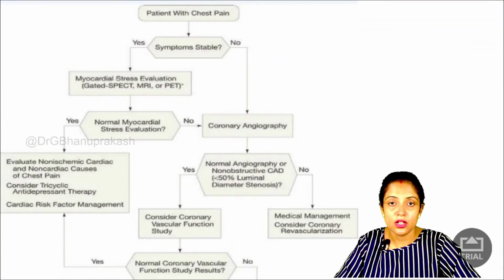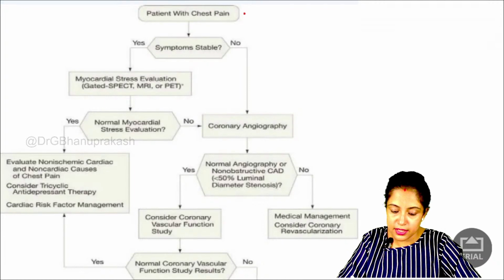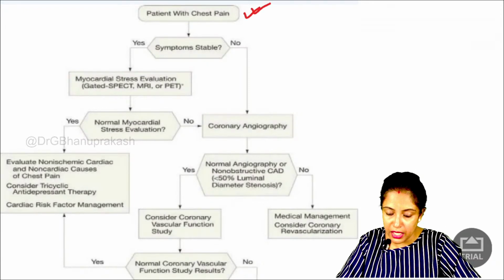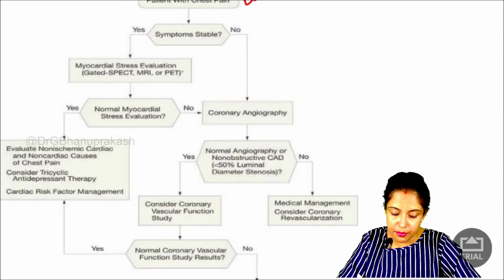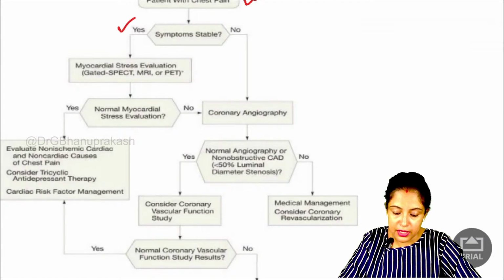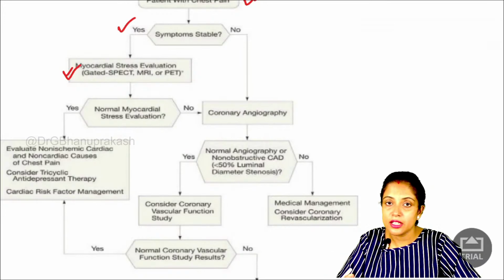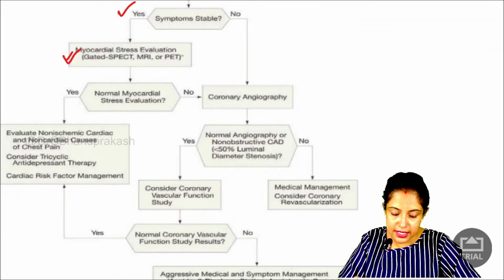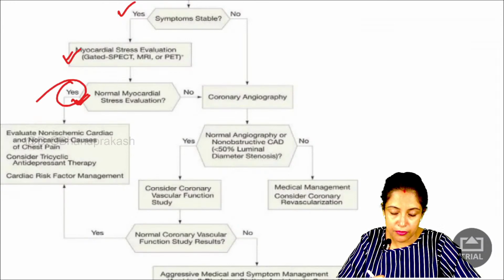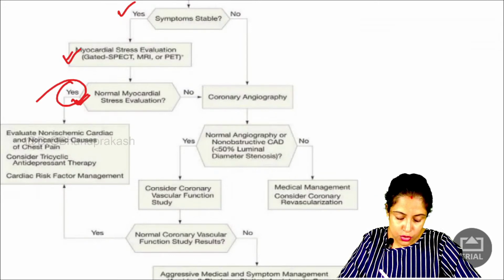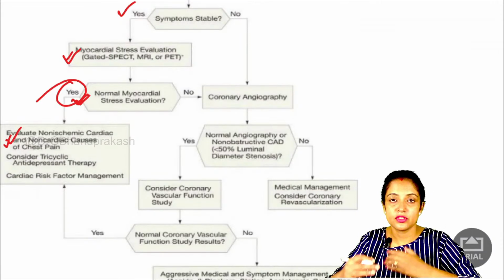If I talk about the treatment algorithm, if the patient has presented with chest pain, we need to look at the symptoms. If symptoms are stable, then we need to do stress testing. With unstable symptoms, we cannot do stress testing. If the stress testing is normal, then we need to evaluate for non-cardiac chest pain.